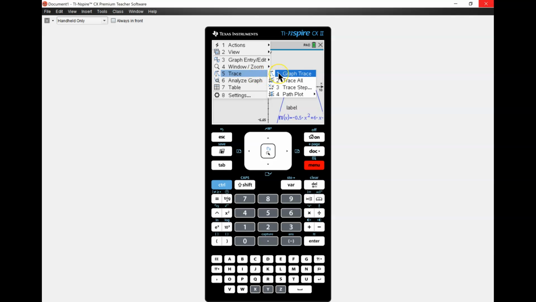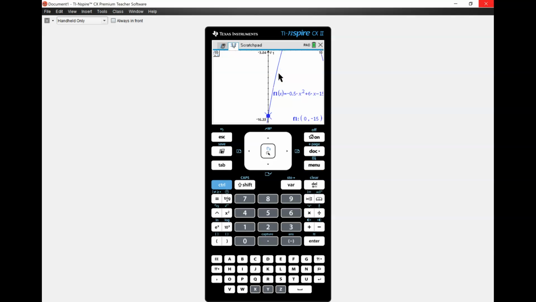Then number 1 is graph trace. When you do that, you get the cursor and it'll always show up on the y-intercept. Now, to move this along the graph, you have to use the left and right arrows. So right now, everybody on your calculator, do menu, trace, graph trace, and get that cursor over there.